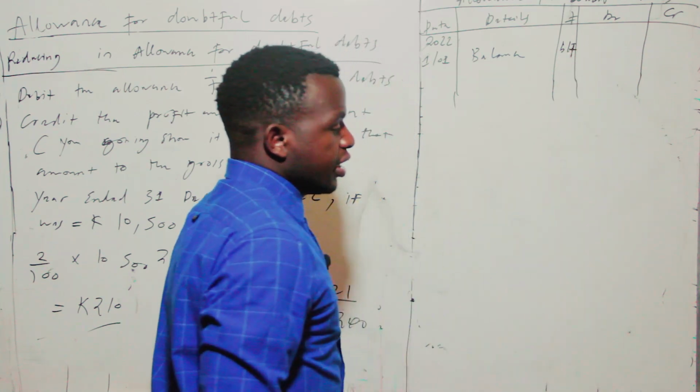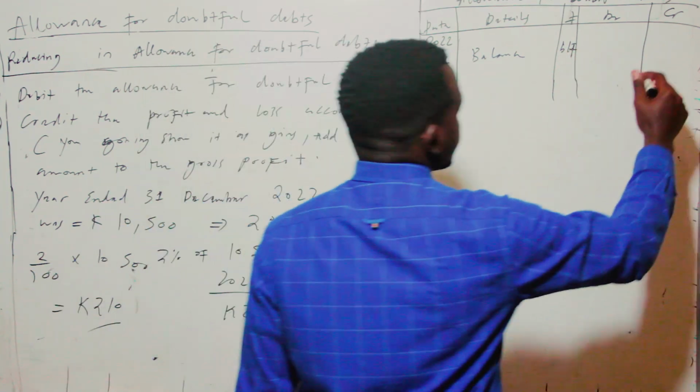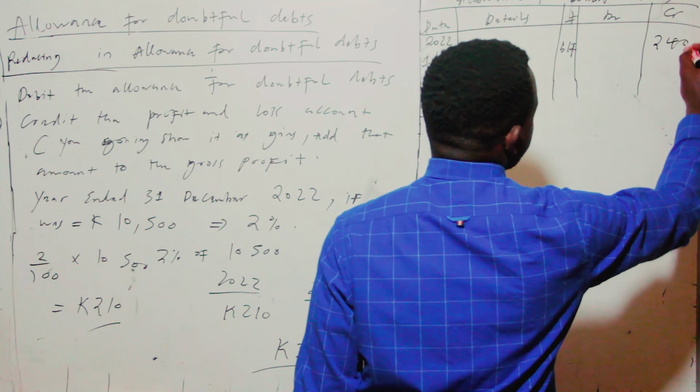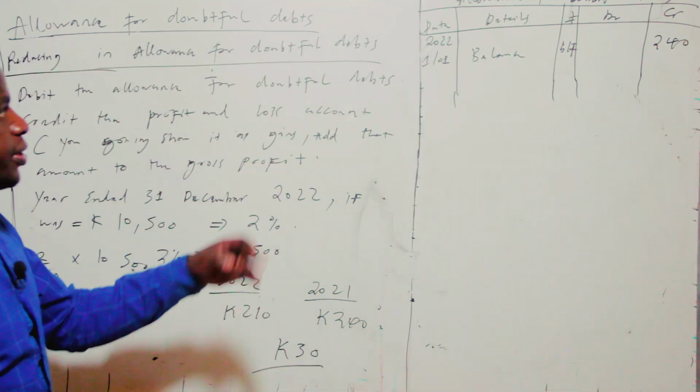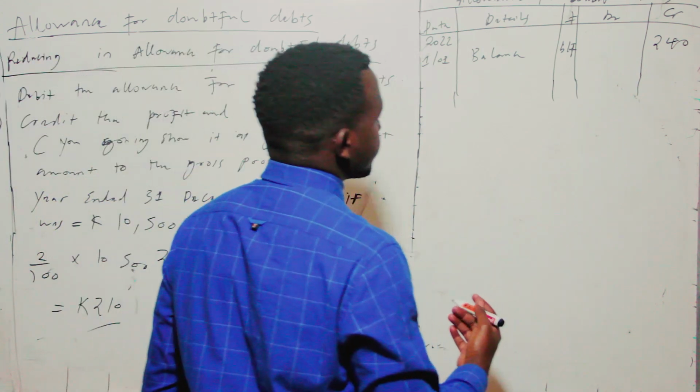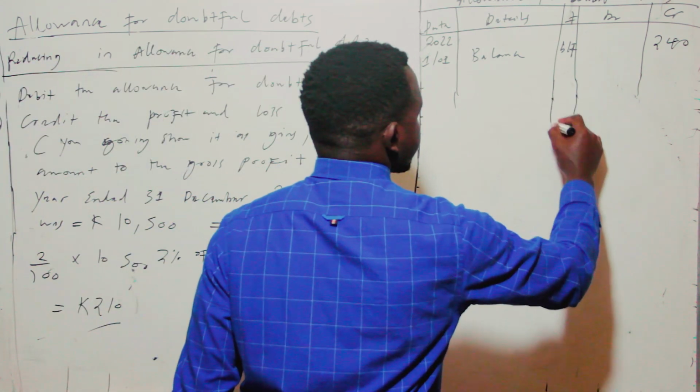We know that in the year 2021 we had 240, so we can put our 240 there. Since there is a reduction, we have to debit the allowance for doubtful debts there.